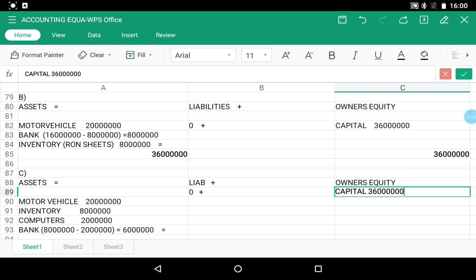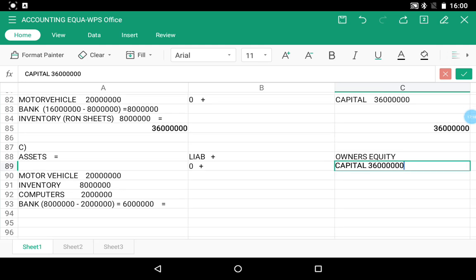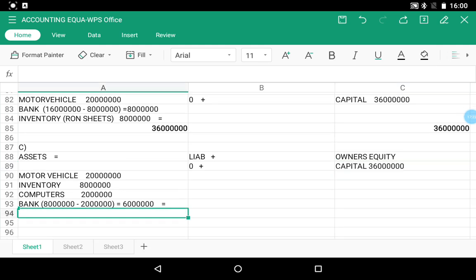So that is our transaction for C. It means we're going to first get our total here, which is 6 million plus 20 million plus 8 million, that is 28, plus 2 million, that is 30 million, plus 6, 36 million. So here we have 36 million.